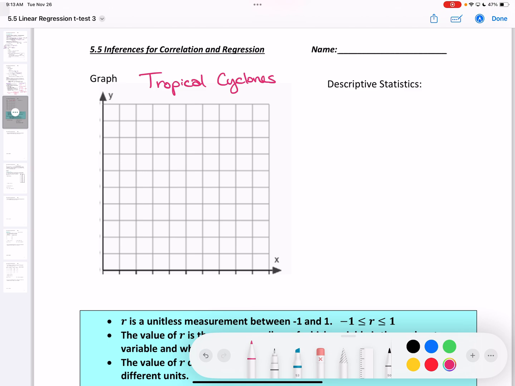So this is going to be the pressure in millibars. And then the Y, it said let Y be the maximum wind speed. So this is going to be the wind speed in miles per hour. Okay?